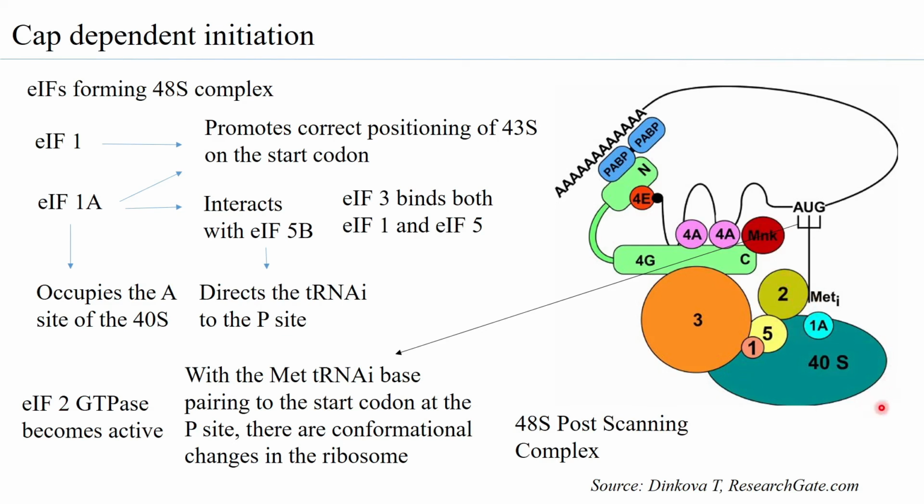So because of the conformational change in the small subunit of the ribosome, you have the eIF2 GTPase becoming active, and so eIF2 GTP will become eIF2 GDP, and the moment eIF2 GDP is formed, this has less affinity for the initiator tRNA, and along with 1A, it leaves the entire complex.